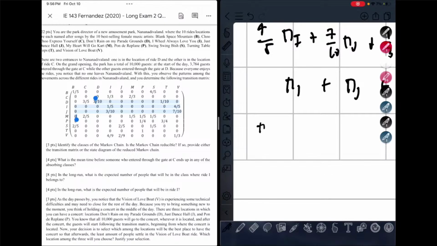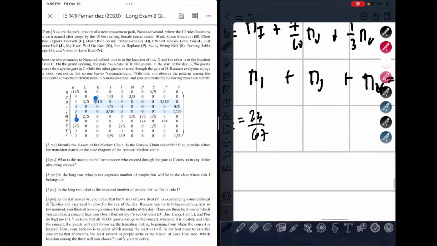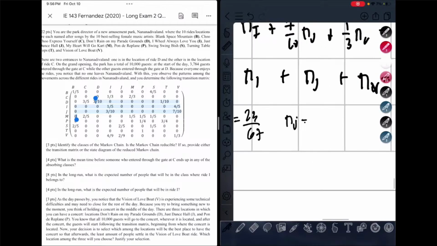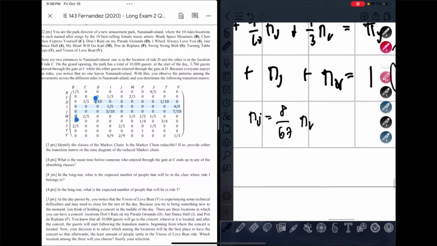At the end of this, you'll get pi I equals 23/67, pi j equals 8 over 67, and pi v equals 36 over 67.